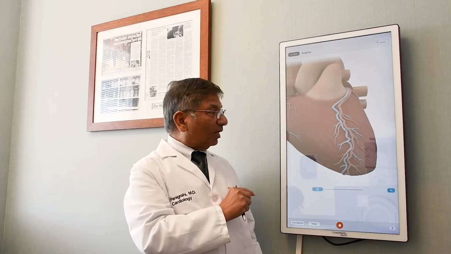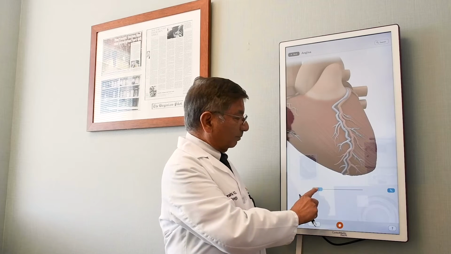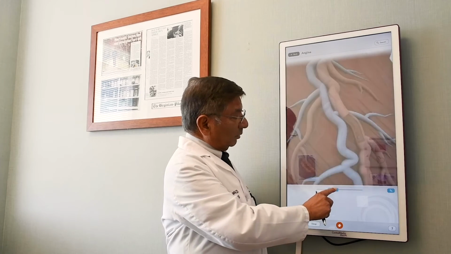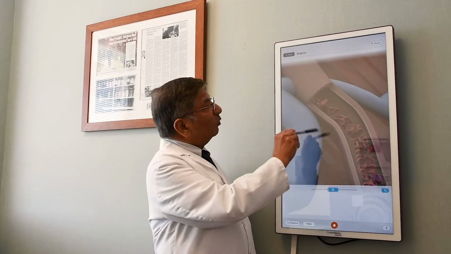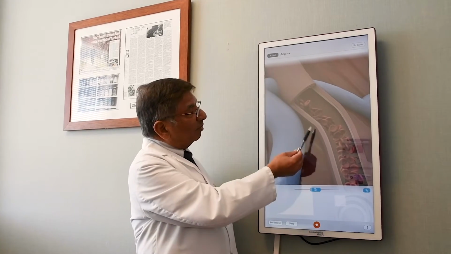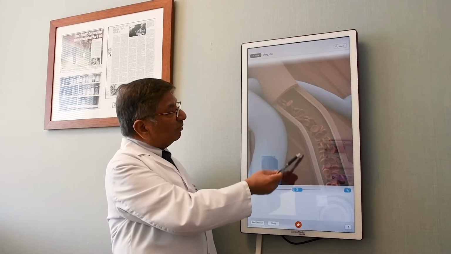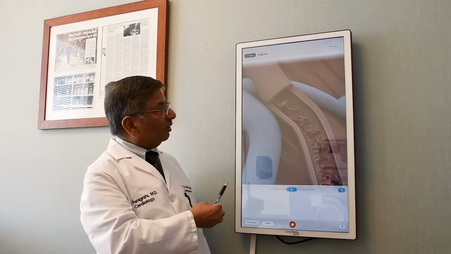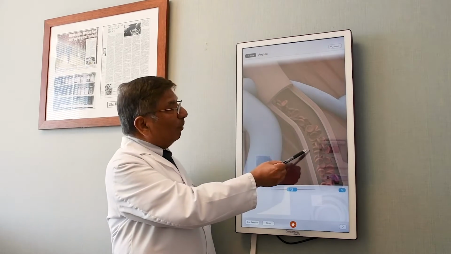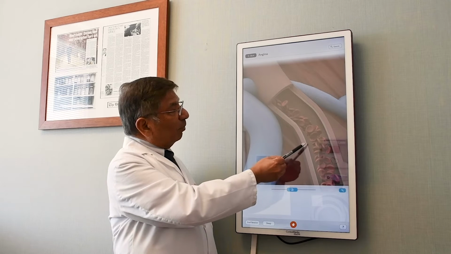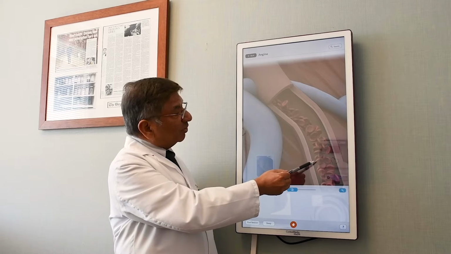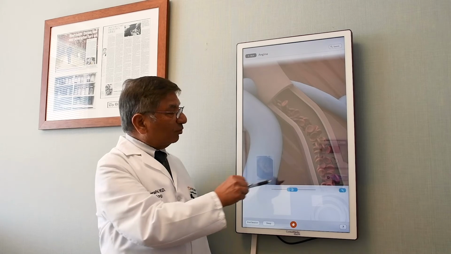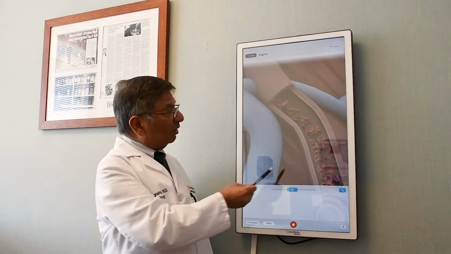Now let us look at the inside of these arteries. Once you remove part of the roof of this artery, it is very much a tubular structure, and inside the lumen, all the constituents of the blood are getting downstream to be supplied to the muscle.